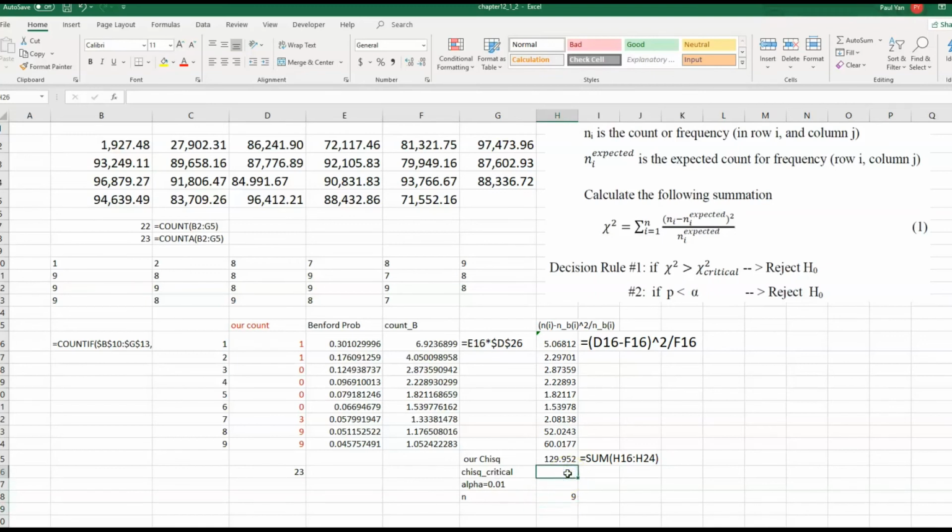So chi-square critical is CHISQ.INV.RT, we consider the right hand side. The probability is 0.01, and the degrees of freedom are 9 minus 1. So alpha is 0.01.